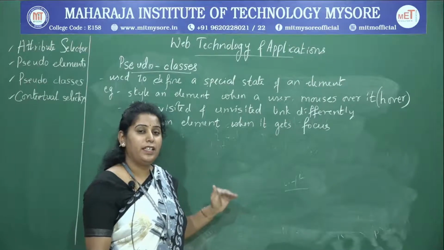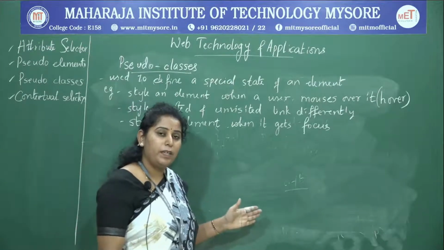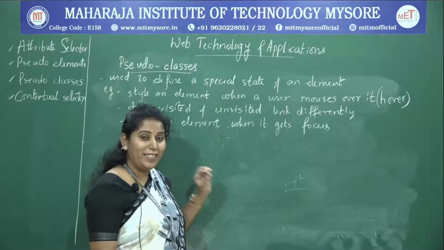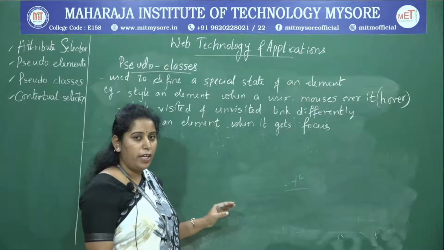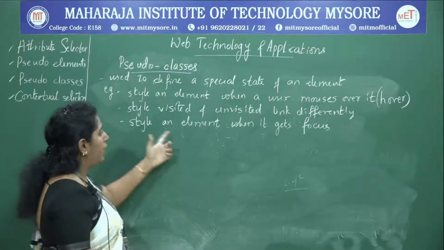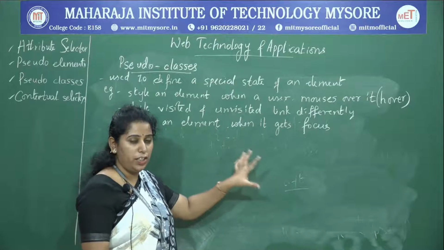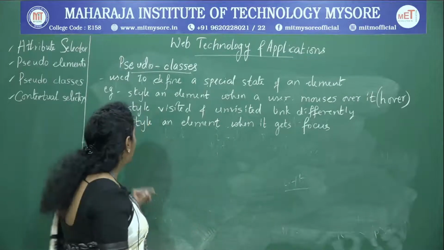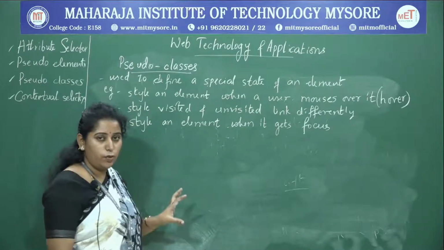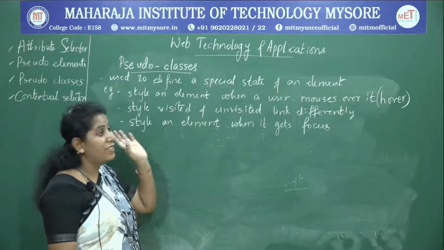A visited link will be printed in purple color, and an unvisited link will be displayed in blue color in default browsers. Okay. So you can also change that property. Style an element when it gets focus. When you are focusing, how you can change the state. These types of changes you can do.